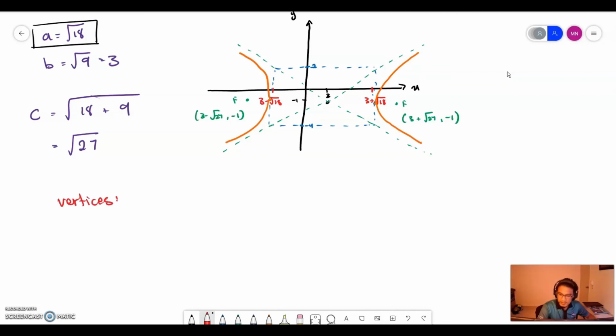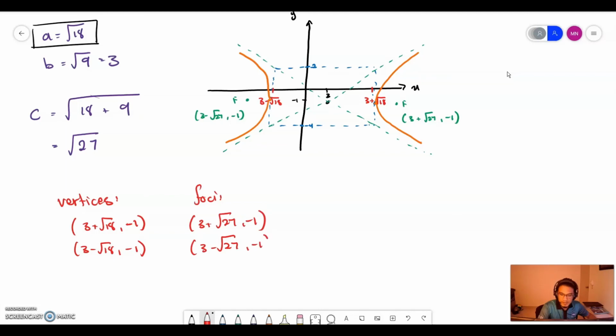So the vertices are at 3 plus square root of 18, negative 1 and 3 minus square root of 18, negative 1. Then the foci are at 3 plus square root of 27, negative 1 and 3 minus square root of 27, negative 1.